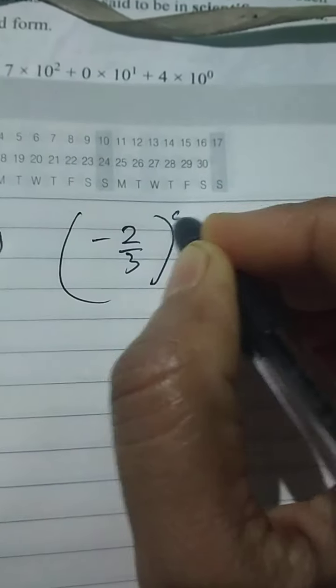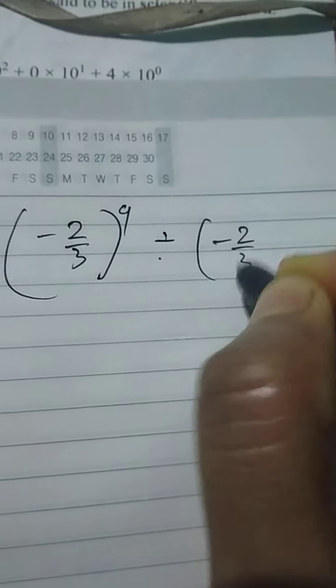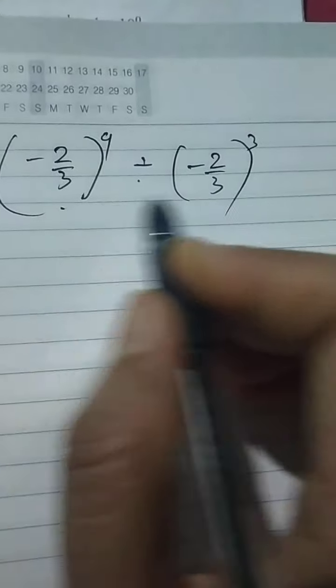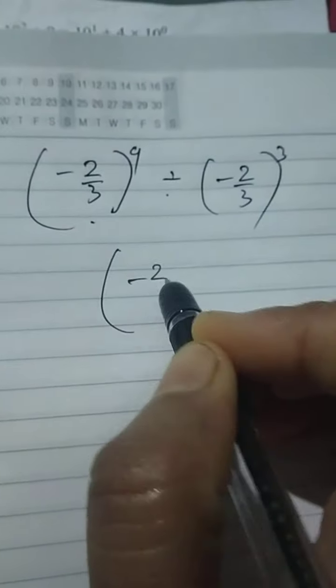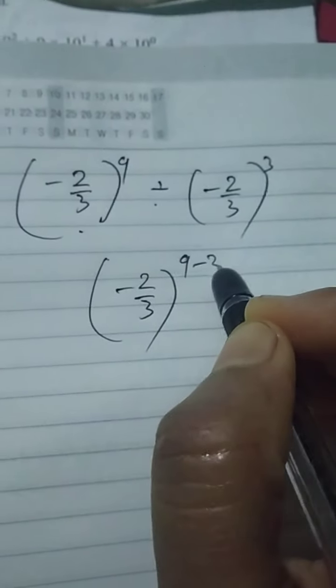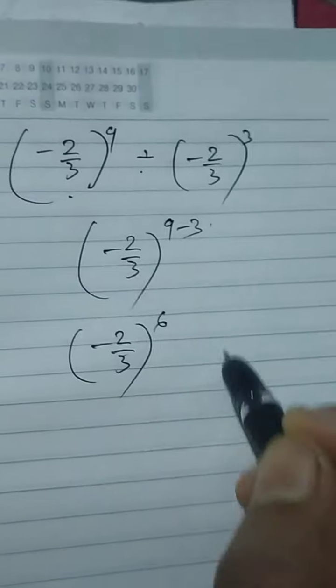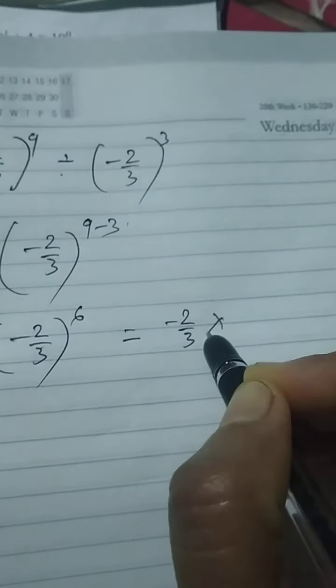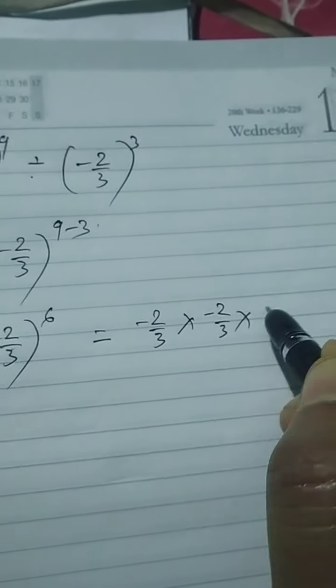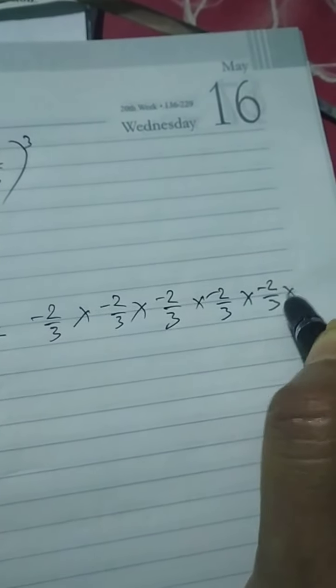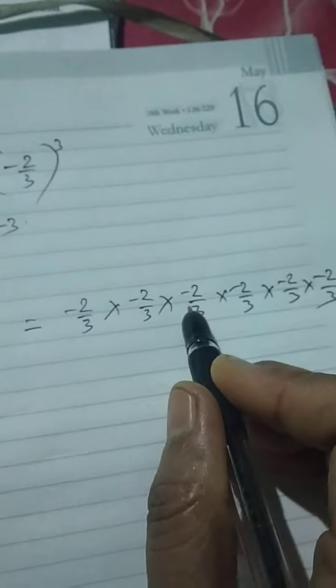Okay. You can see it's part b. Minus 2 by 3 to the power 9 divided by minus 2 by 3 to the power 3. So you can see the bases are the same. Whenever the base is the same, we divide the what? Power. So minus 2 by 3 to the power 9 minus 3, which is 6. So minus 2 by 3 written 6 times: 1, 2, 3, 4, 5, 6.